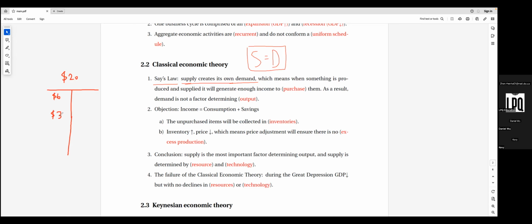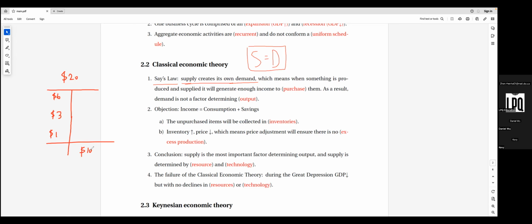I also pay, on average, $1 to my landlord because I'm renting a building to do the production. Assuming I only use these three resources, the remaining $10 is my personal income.